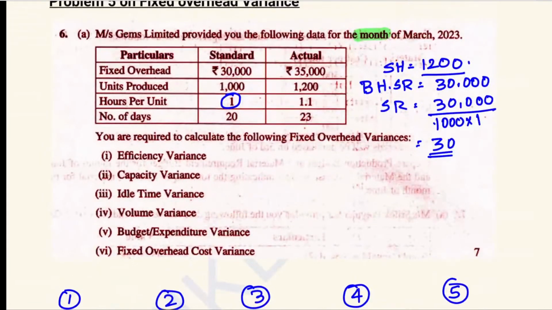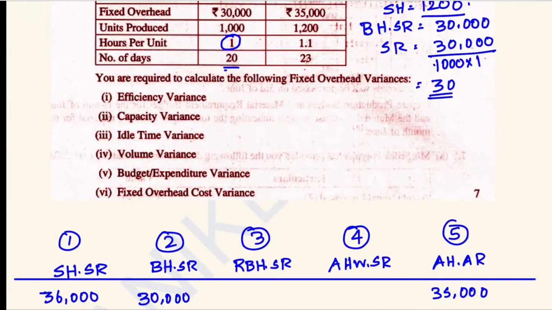Then revised budgeted hours. Can I calculate? Yes, I can calculate because there is a change in the number of calendar days. So revised budgeted hours is equal to budgeted hour into 23 divided by 20.